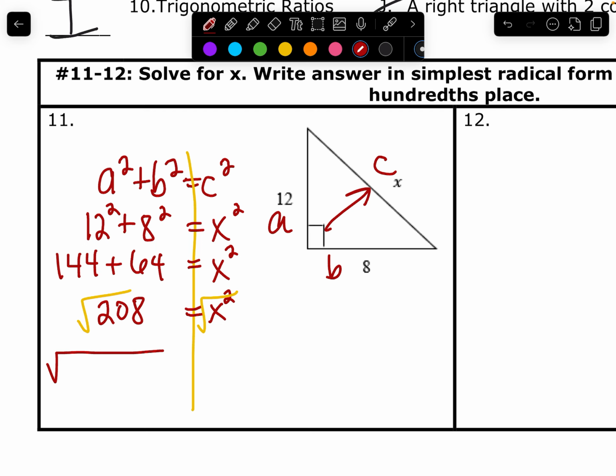That'll be 2 times 2 times 2 times 2 times 13. Now we're going to take out the doubles. We have a double 2, and we have a double 2 again. We take out a single for every double under the radical, and then we have the 13 that stays underneath.